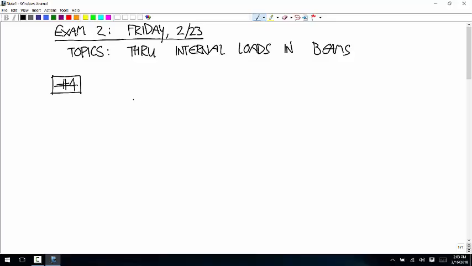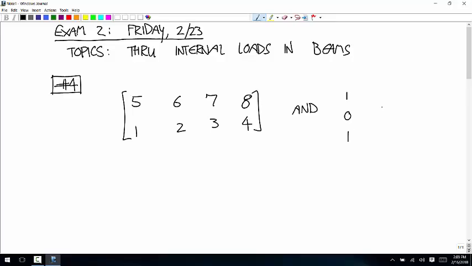But if you have 5, 6, 7, 8, 1, 2, 3, 4, and 1, 0, 1, 4, 1, 4. So the only way you can multiply these is where the left matrix has the same number of columns that the right matrix has rows.